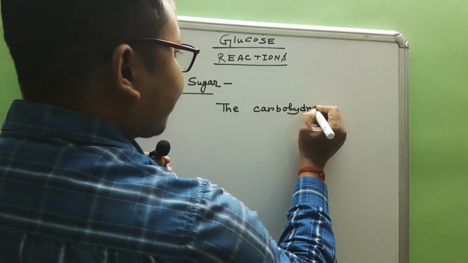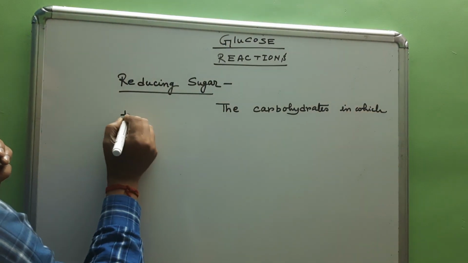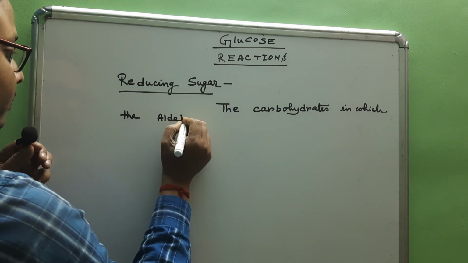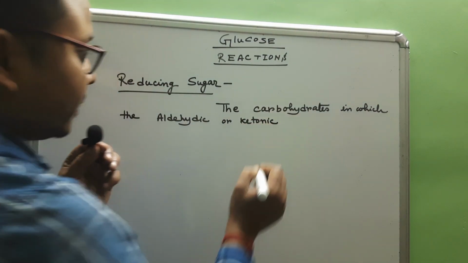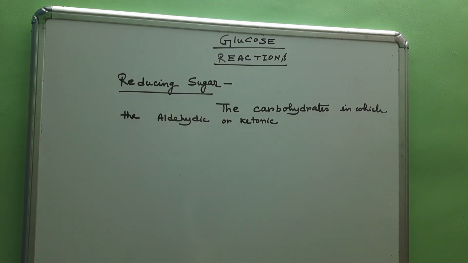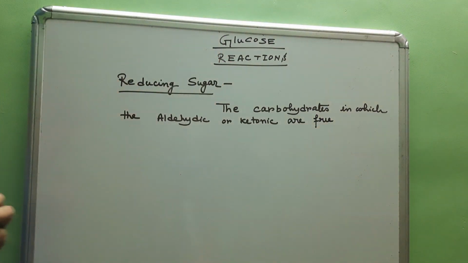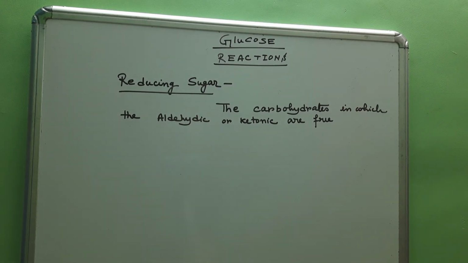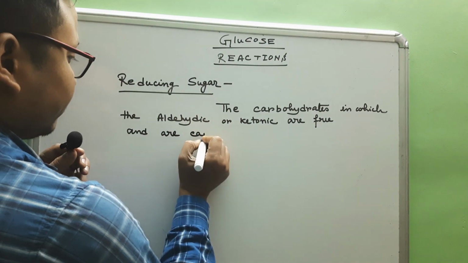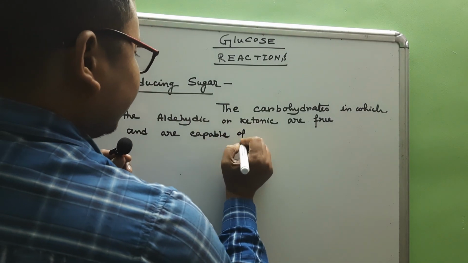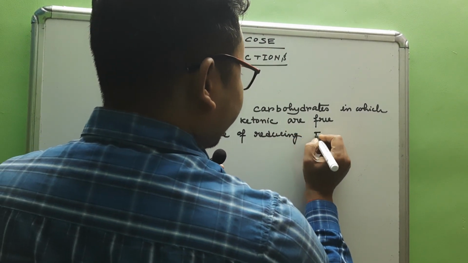The carbohydrates in which the aldehydic or ketonic groups are free, and are capable of reducing Fehling's solution.